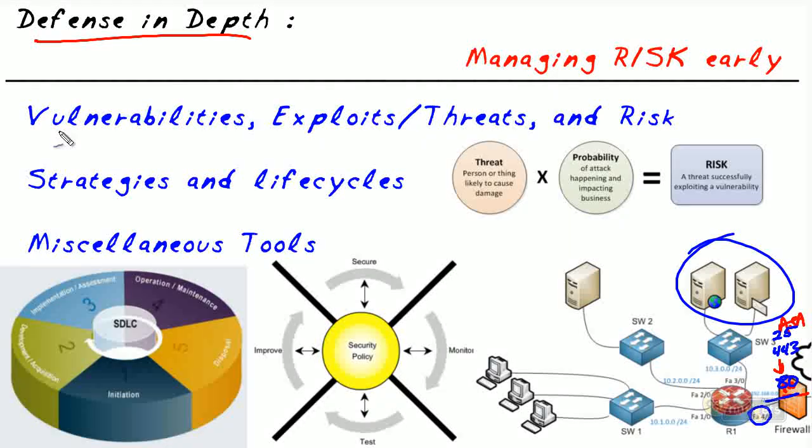So what is the whole purpose of these networks that we have? It's usually to drive revenue. At the end of the day, except for some government entities, they have reasons to protect the state. But for most businesses, we have networks that generate revenue, or they provide a vehicle that assists companies in generating revenue. So if the network goes down, there's usually a cost involved.